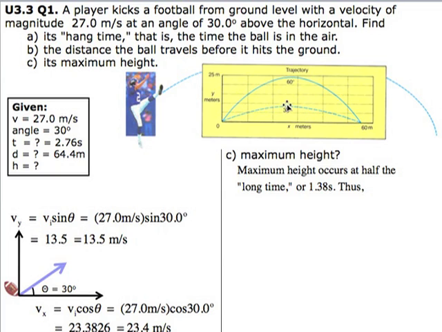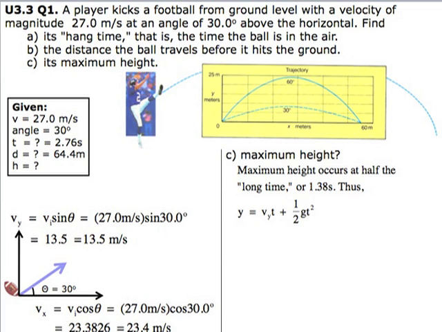But the maximum height is at the halfway point, and that is 1.38 seconds. So we want to find the height, which is y. We're going to use the equation y equals Vy, the velocity in the y direction, times time, plus a half g t squared, where g is negative 9.8 meters per second squared.